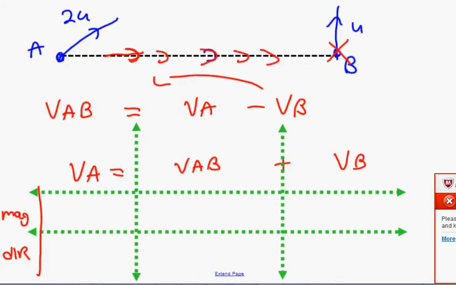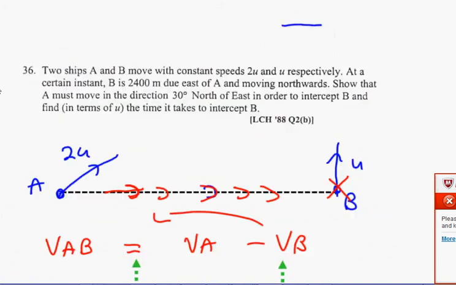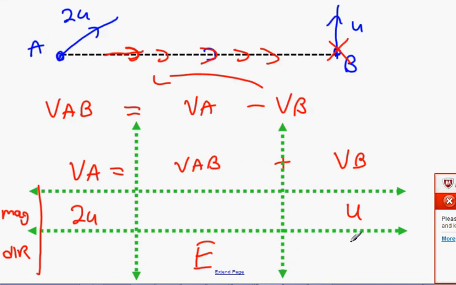We know the speed of A is 2u. We know the speed of B is u. What's the only other thing we know? That B is going directly north.